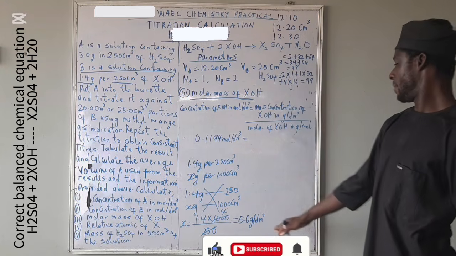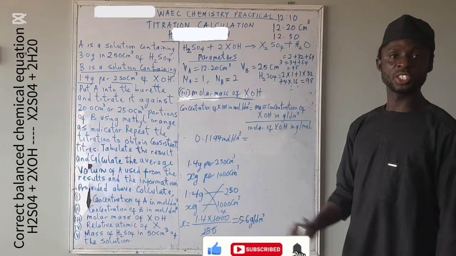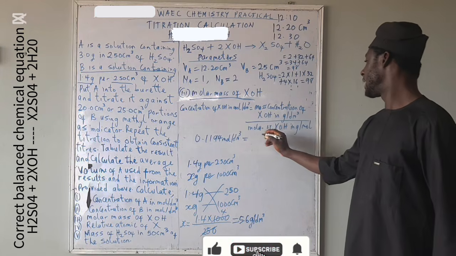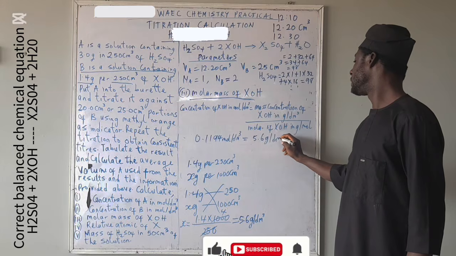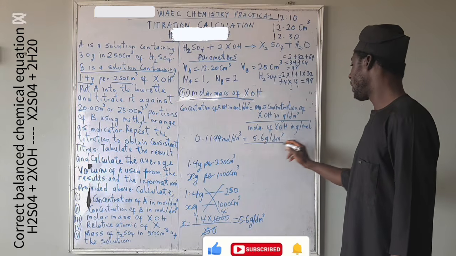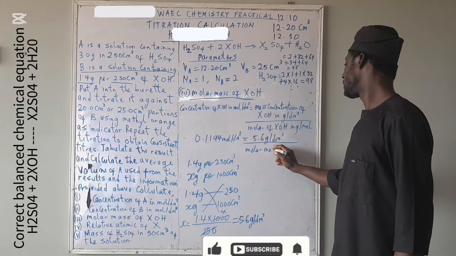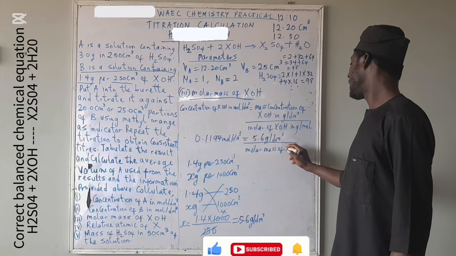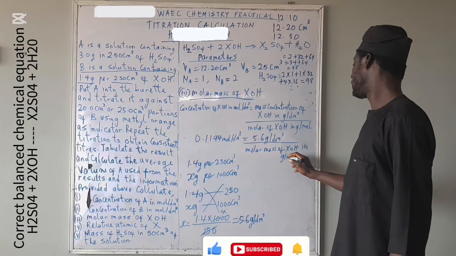So this is my mass concentration of B. Now let's plug it into our formula. We start here. So we have 5.6 gram per dm cube over what we want to find, the molar mass of XOH in gram per mole.